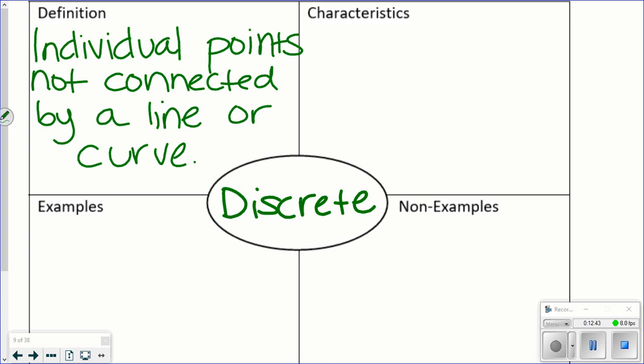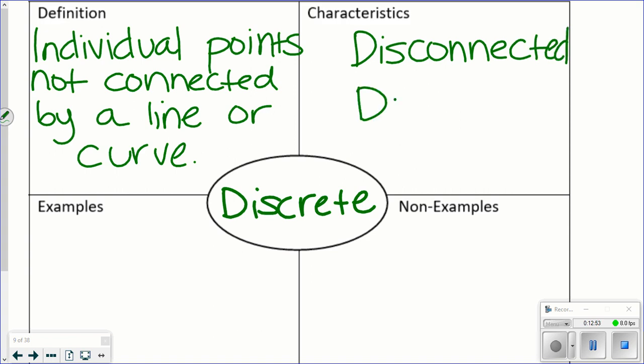So think about this: connected, discrete, disconnected. Students in the past have said the word dots instead of points. Disconnected.